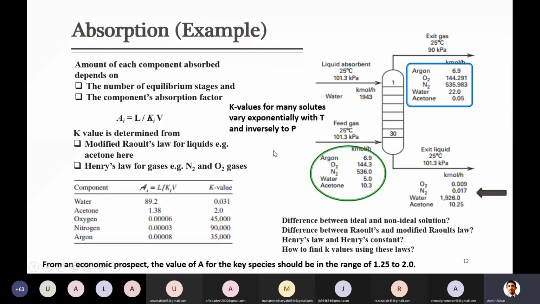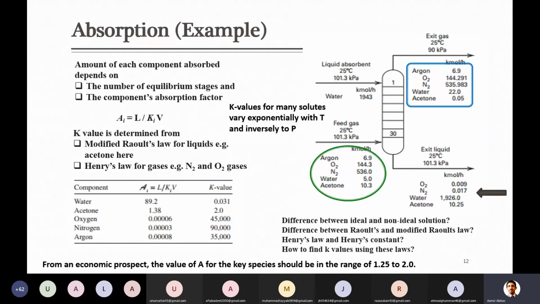The first point I said, when you increase the pressure, the value of K is decreasing, and when K is decreasing, the absorption factor is increasing. It means absorption will be increasing, because absorption depends on these two. So you know that in case of absorption, high pressure favors the absorption. When you increase the pressure, that increases the absorption factor, and that helps you.